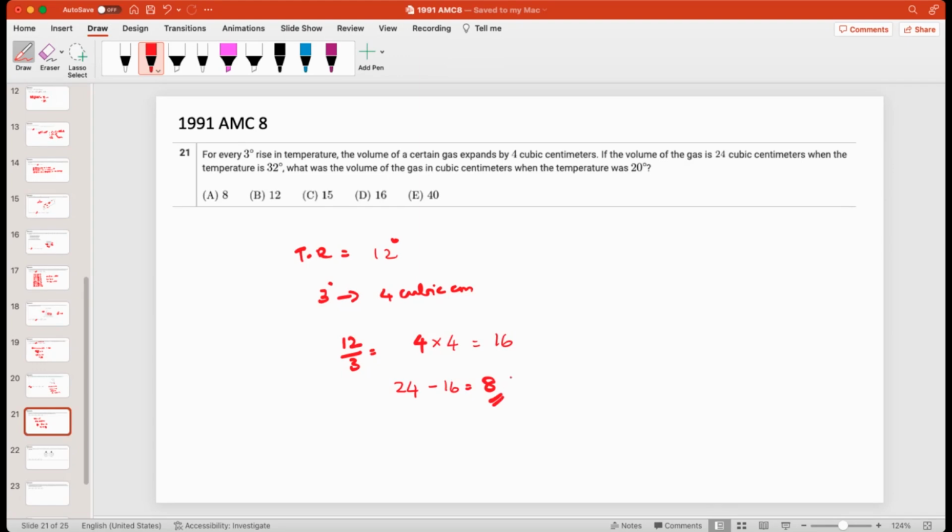So this is the final cubic centimeter of the gas when it was 20 degrees, because from 8 it has gone up to 24. So 8 is the one which was there at 20 degrees. So this is your answer, A.